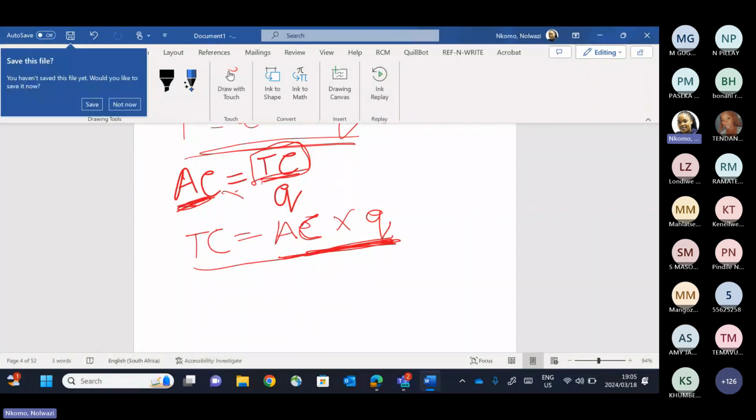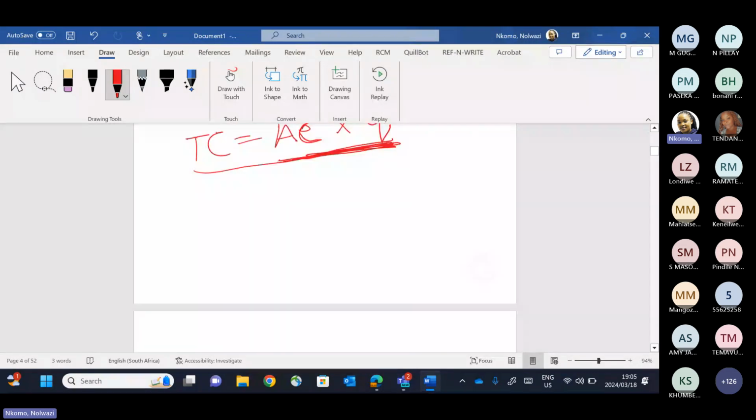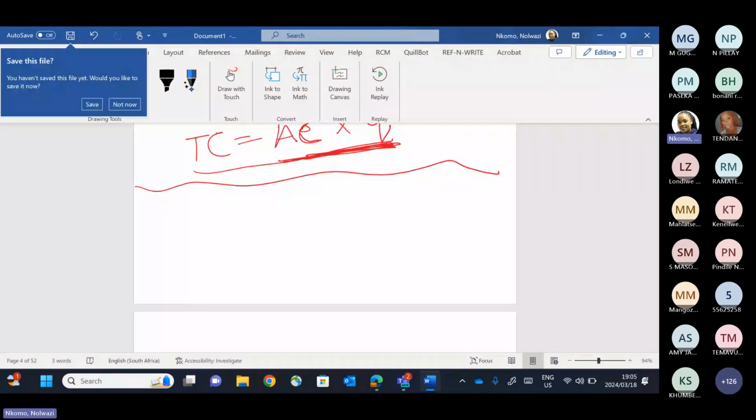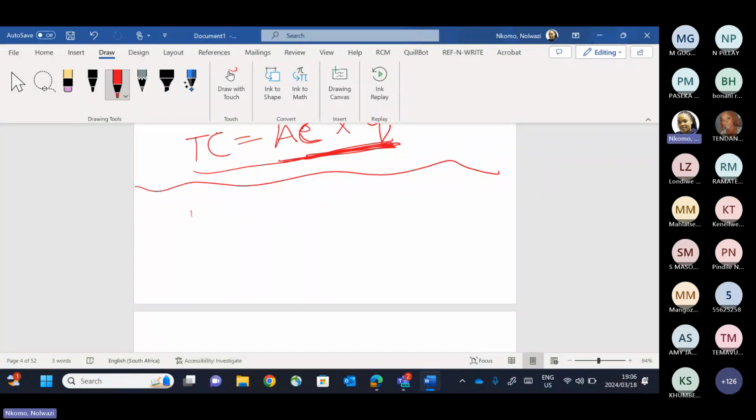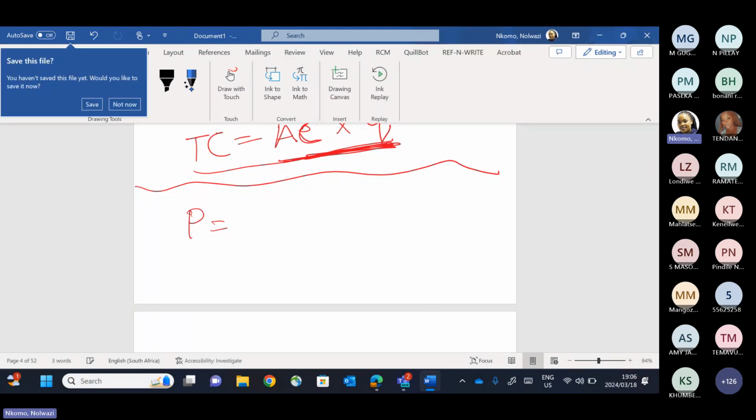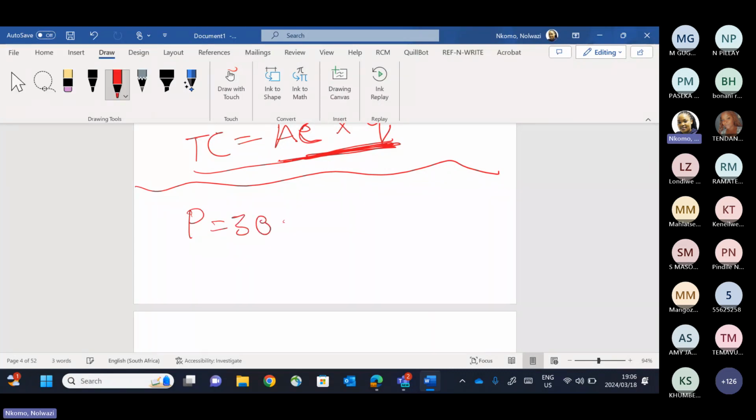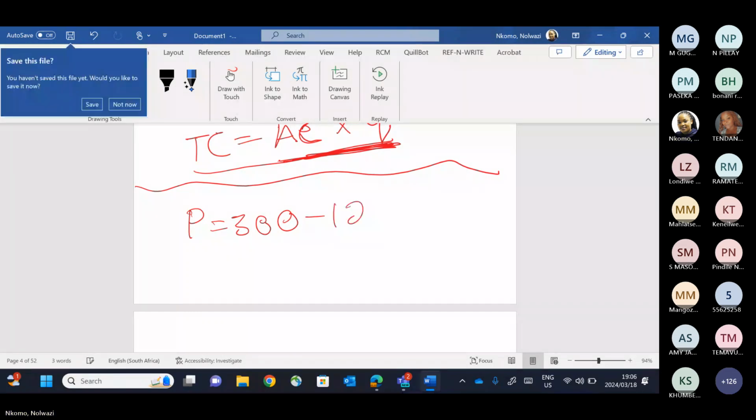Let's do an example based on what we did, the average revenue and the average cost. Suppose you are given a demand function for any product, P equals 300 minus 12Q.